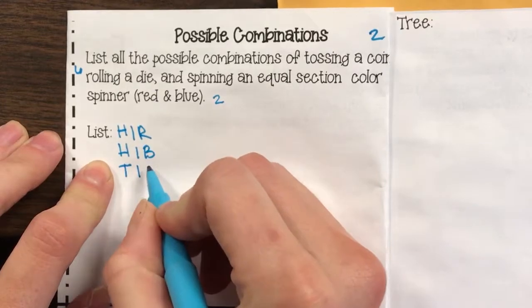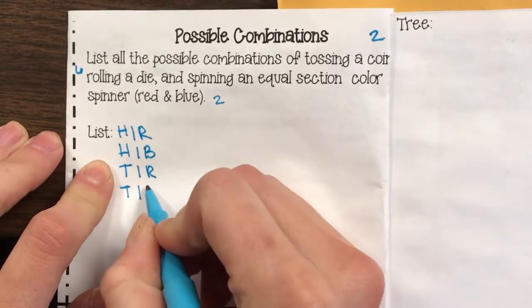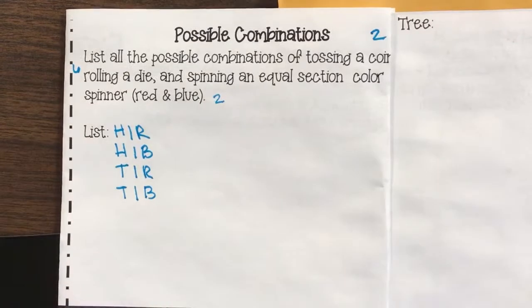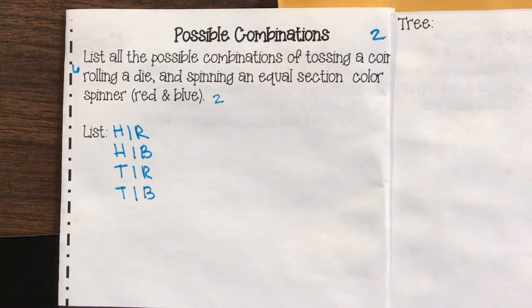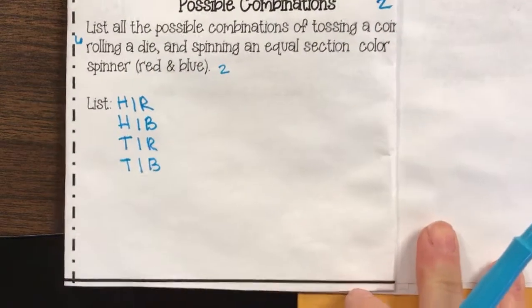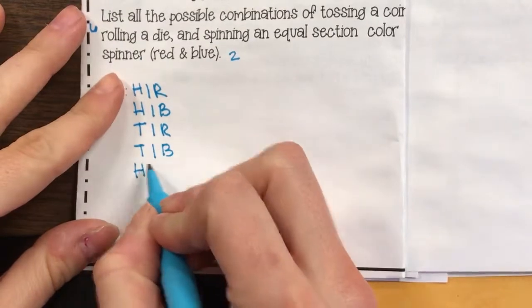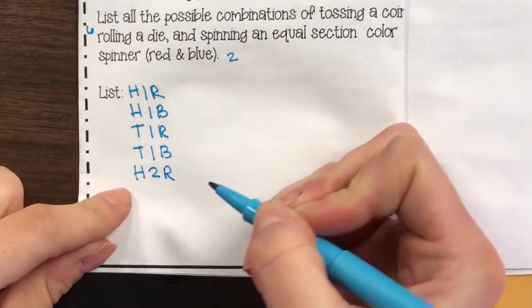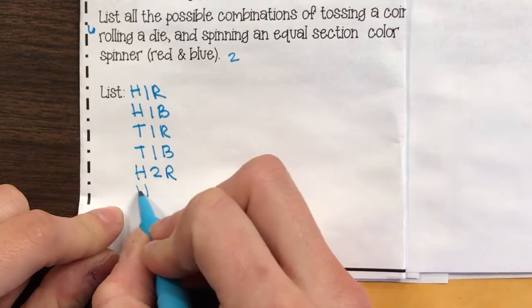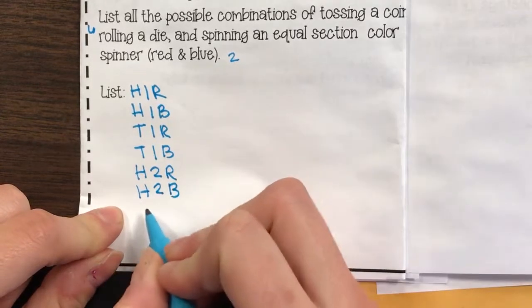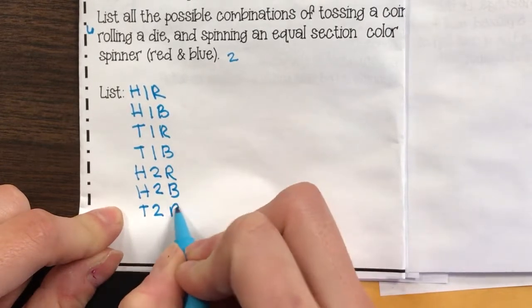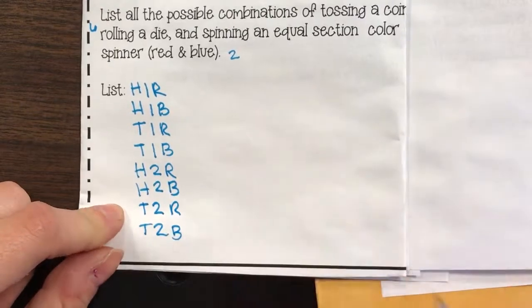So tails 1 red, tails 1 blue. That's all my combinations with the number 1. Then we do the exact same thing with 2: heads, 2, red; heads, 2, blue; tails 2 red, tails 2 blue.